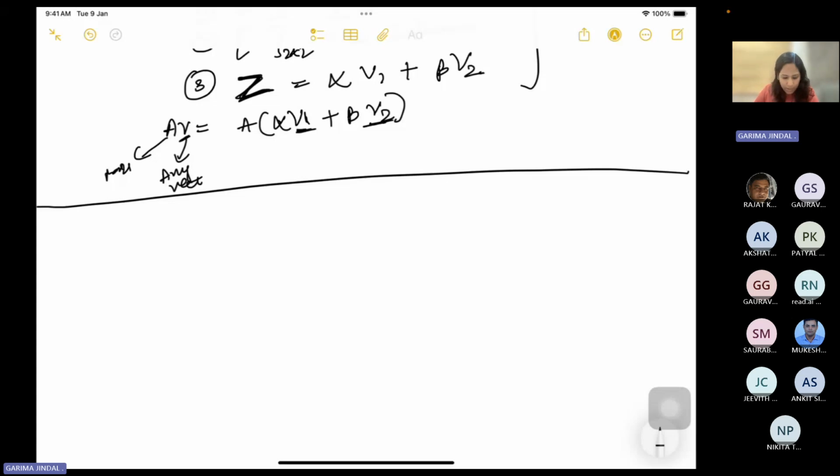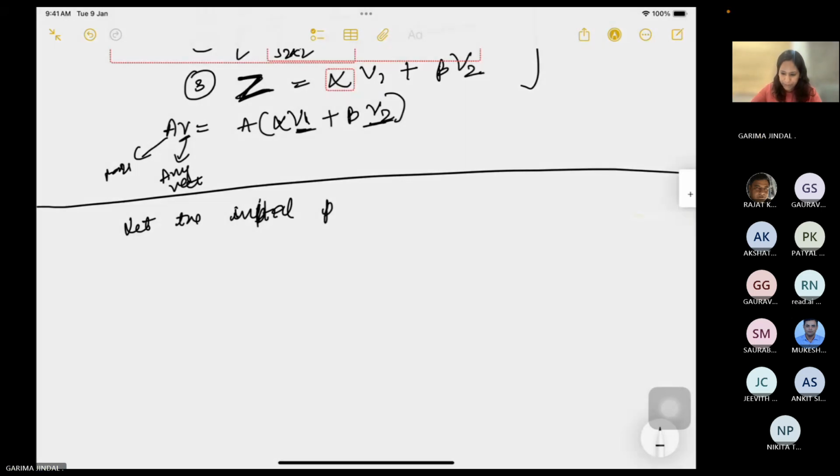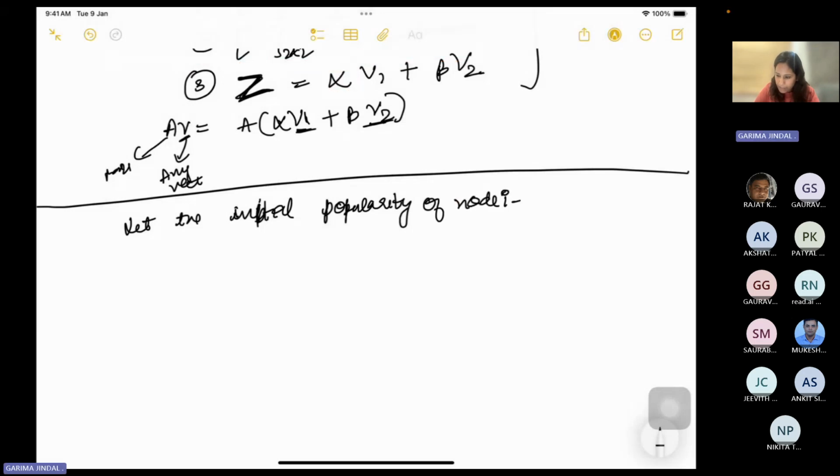Now let us suppose the initial popularity of node i is xi0. Let us assume that the initial popularity of a node xi is xi0.